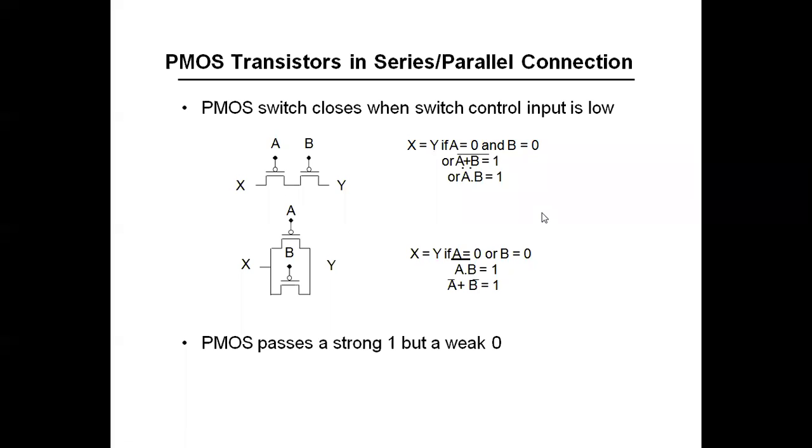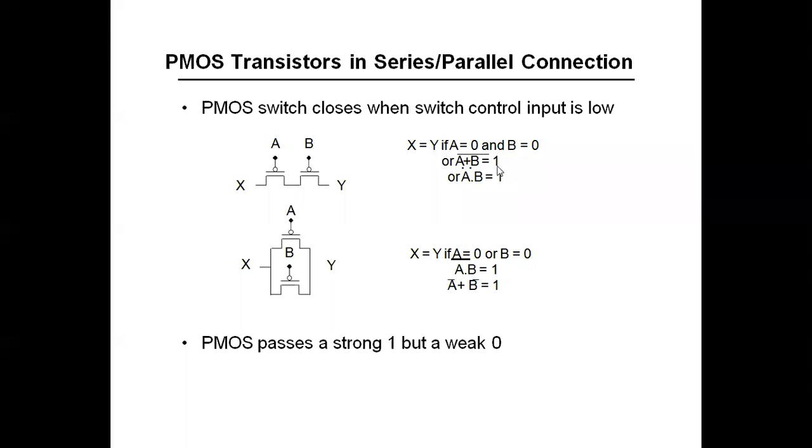this A and B is equal to 0, or in other words you can say A plus B bar is equal to 1. Why 1? As it's a PMOS, that means inverter.